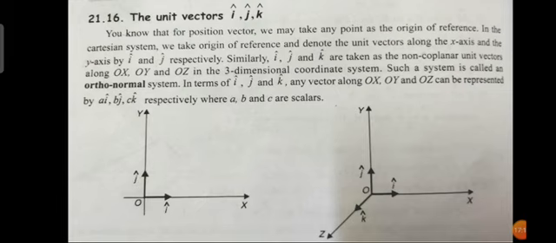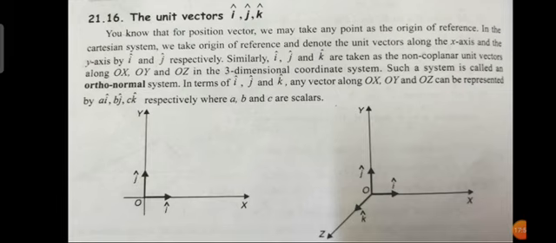As position vectors, we can take points with coordinates X, Y and Z and represent them along the axes as A I cap, B j cap, C k cap. That means A I cap is along the x-axis, B j cap along the y-axis, and C k cap along the z-axis.